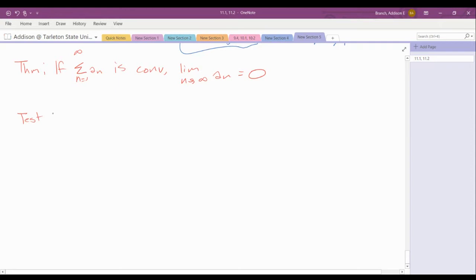Conversely, our test for divergence states that if the limit as n approaches infinity of a sub n does not equal 0, or it just does not exist, the series will be divergent.